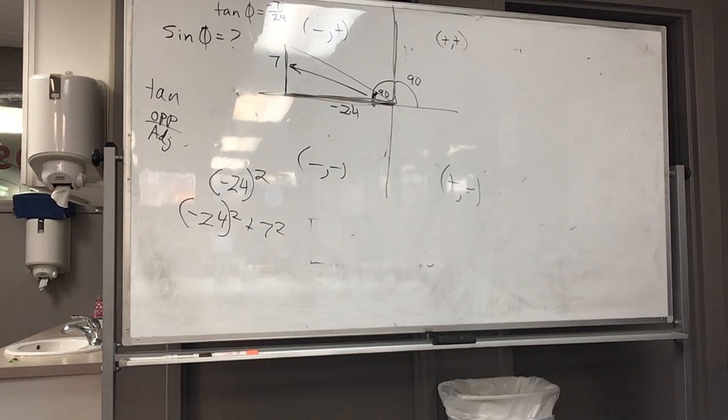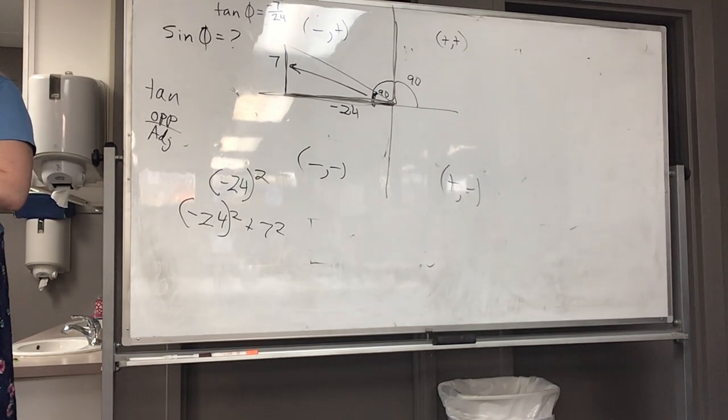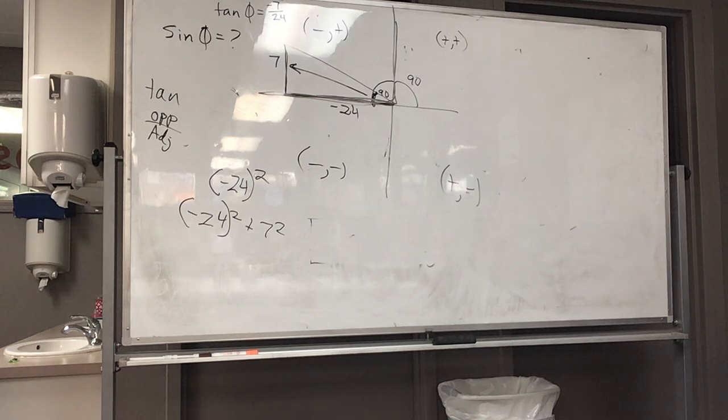What do you get? 648 when you add 72. Not 72. What's 7 times 7? 49. So 24 squared plus 7 squared. What do you got?